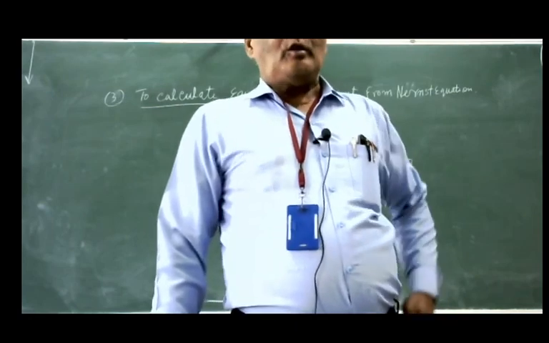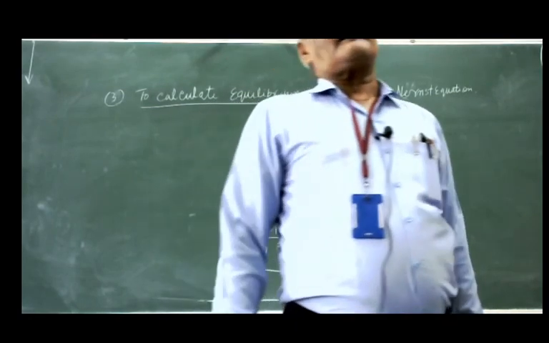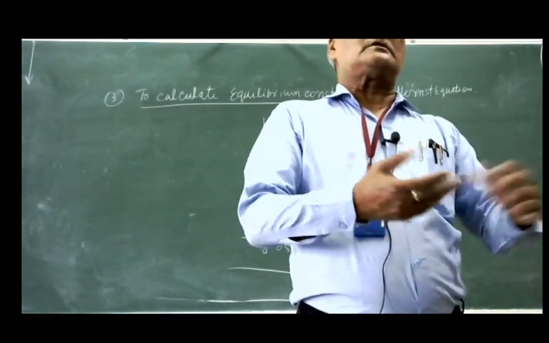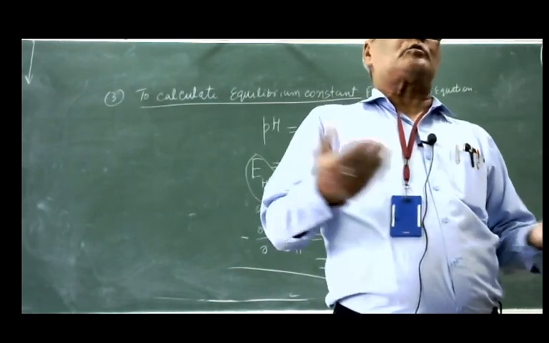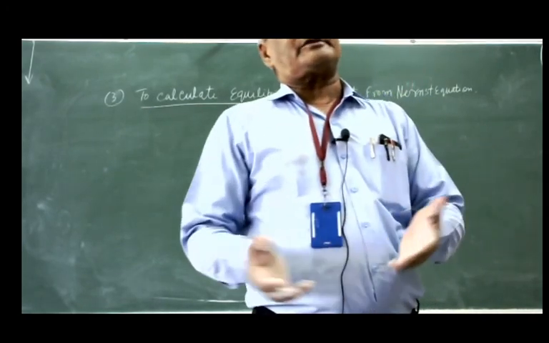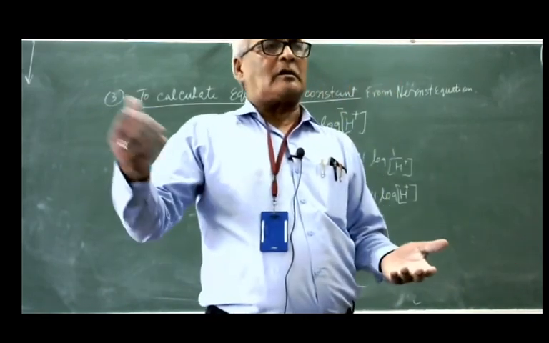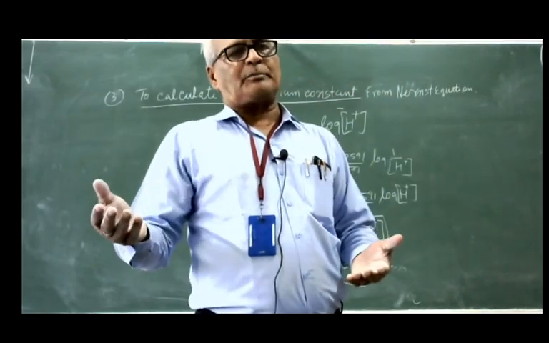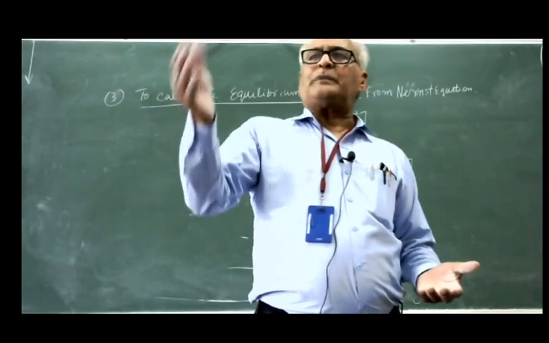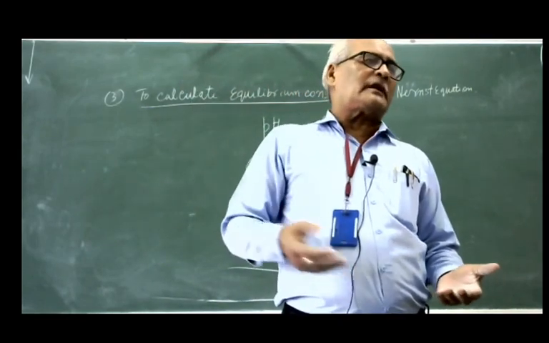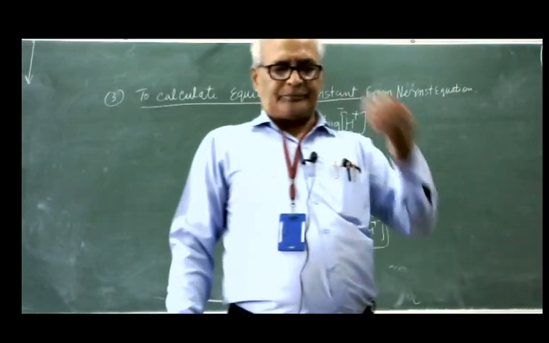In the Nernst equation, the EMF of the cell is equal to the standard EMF of the cell minus 0.0591 upon n log concentration of product upon reactant. So in place of the concentration of product and reactant, you put Kc.